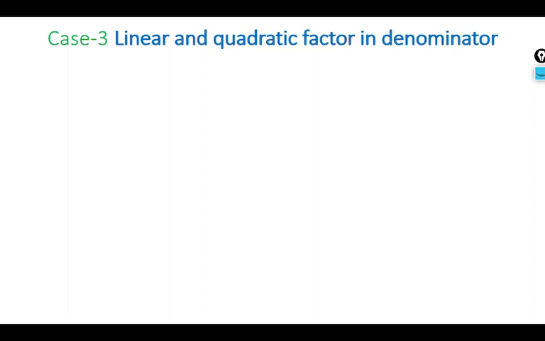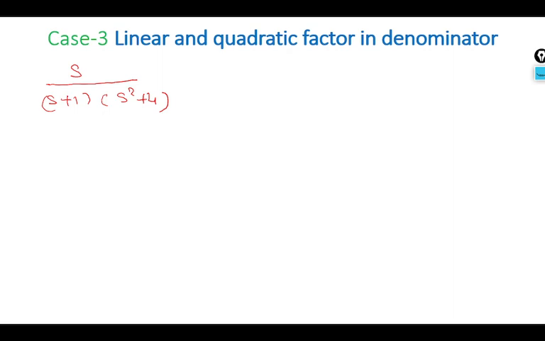So come to the third case, where we have a linear and a quadratic factor in the denominator. So when case 3 is there, say the example for that is s upon (s plus 1) into (s squared plus 4). Suppose this is the case.